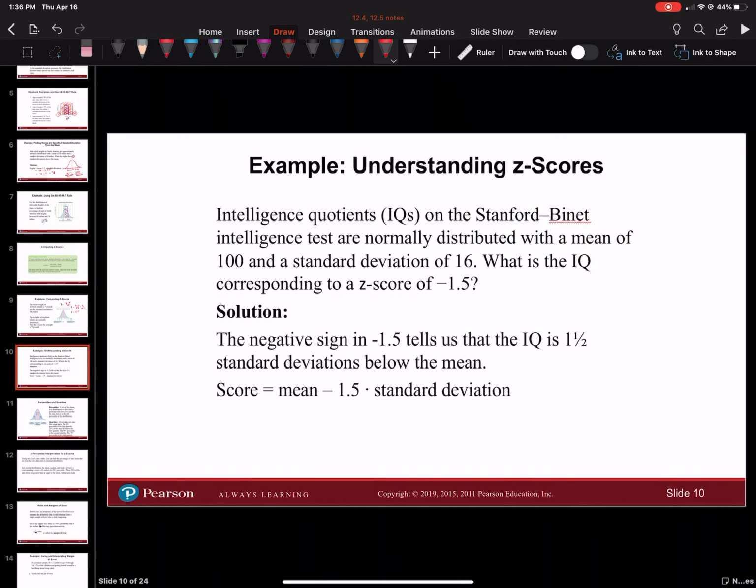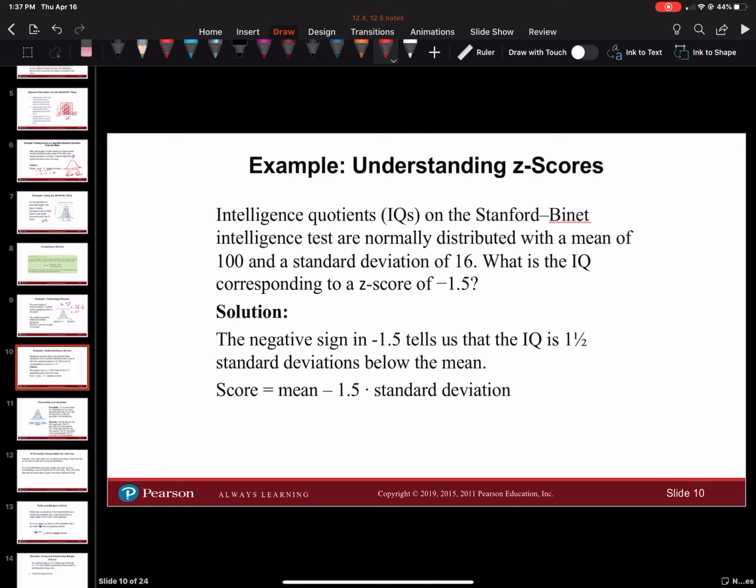It says intelligence quotients, or IQs, on a Stanford-Binet intelligence test are normally distributed with a mean of 100 and a standard deviation of 16. What is the IQ corresponding to the z-score of negative 1.5?